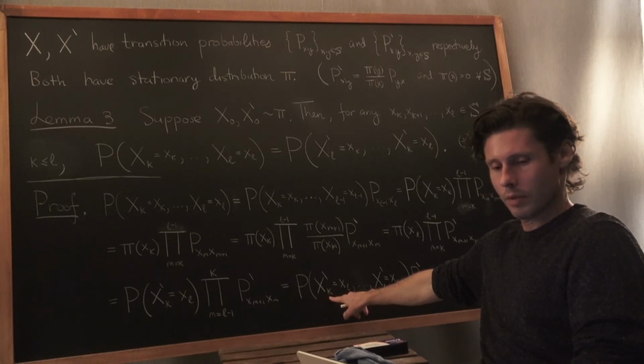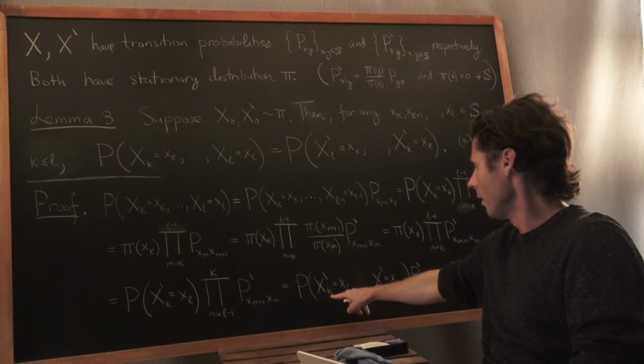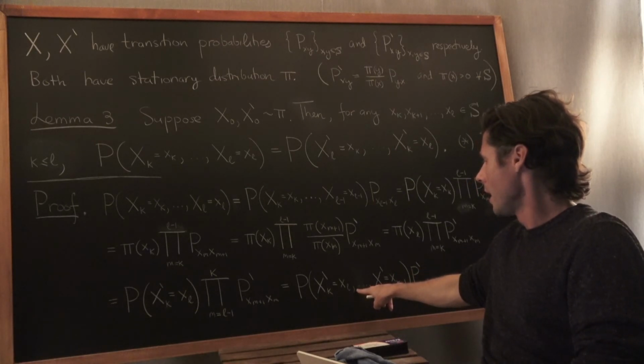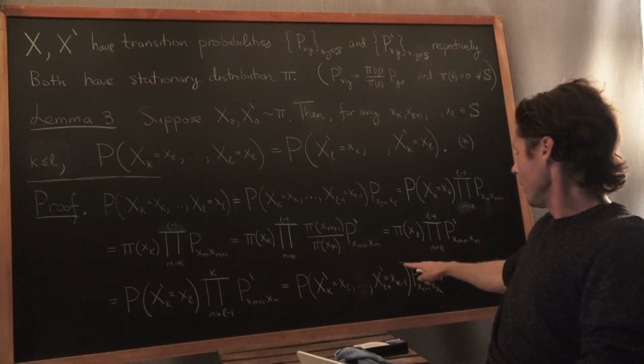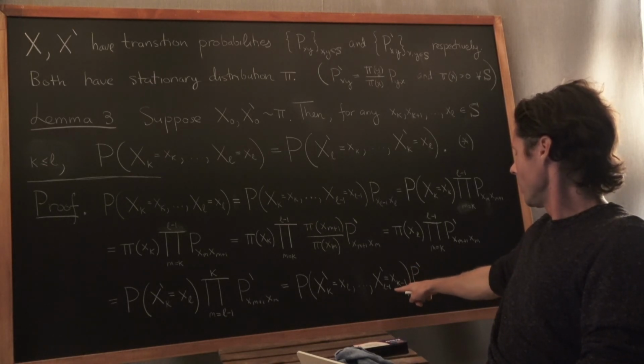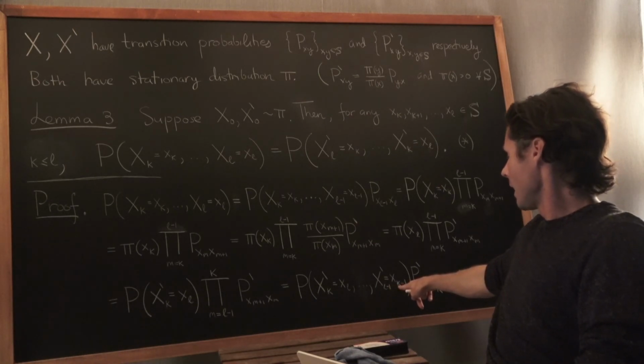I didn't have to; I could have started at any one, but I'm trying to prove this statement, so I chose time k here. And the next one is obviously x'_{k+1} is x_{l-1}, and then all the way up to time l minus 1, at which point the chain is in state k minus 1.